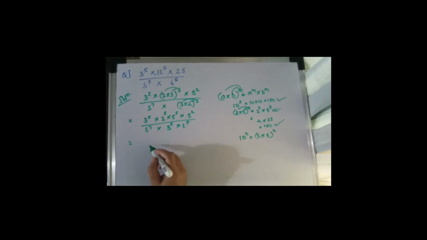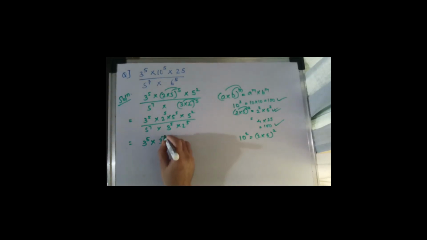This will give me, I'll simply arrange the base of 3 in one place. So 3 to the power of 5, and when this 3 raised to 5, which is in the denominator, shifts to the numerator, the sign of the power will change. That is the important part.